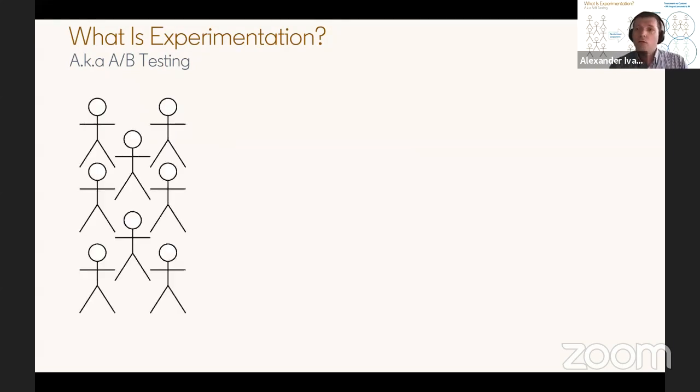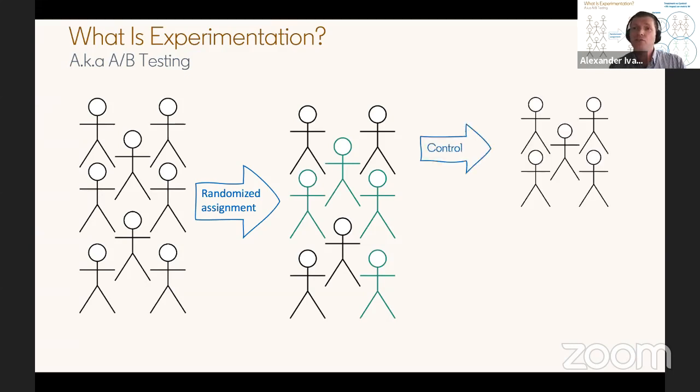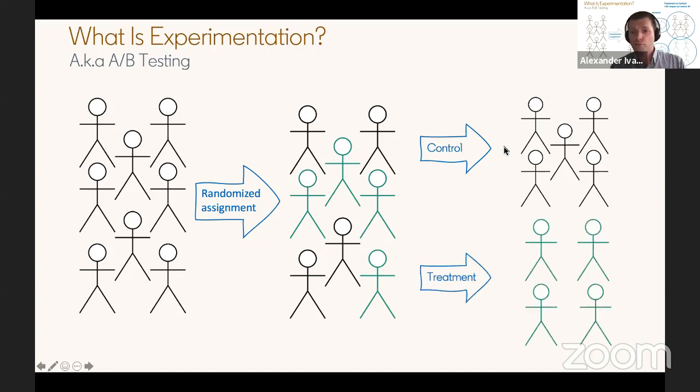So let's say we have a target population of an experiment or an A/B test. We apply a randomized splitting process to this population, and we split it into two groups. One of them is called the control group that does not undergo any influence. And the other one is called the treatment group, which actually undergoes the influence and experiences the effect of the change.